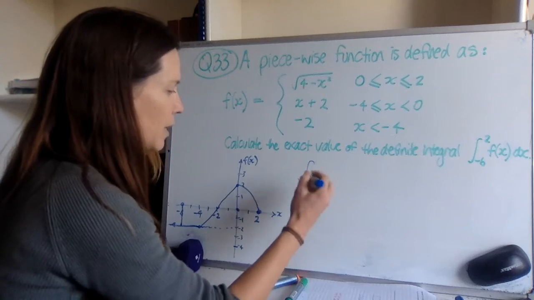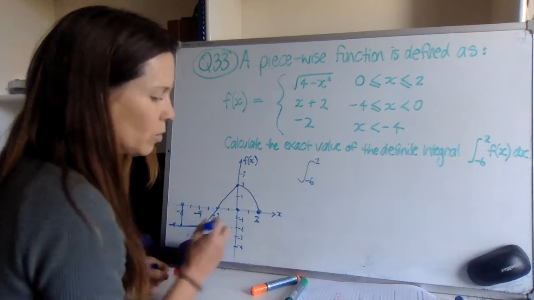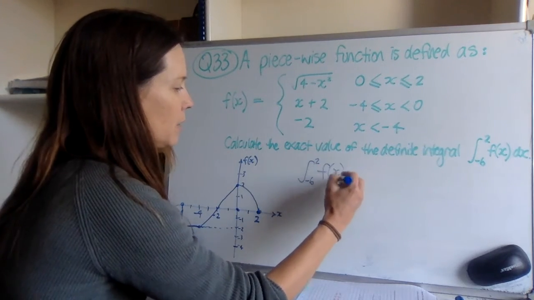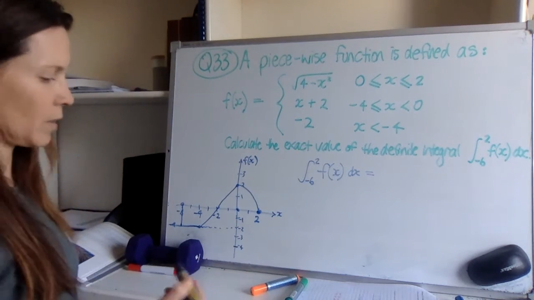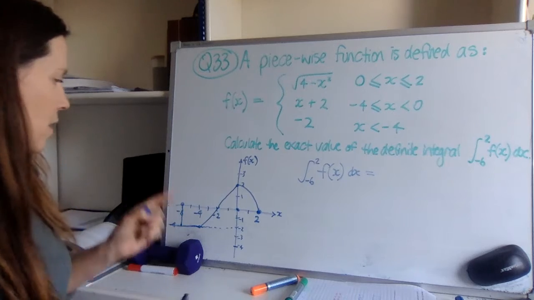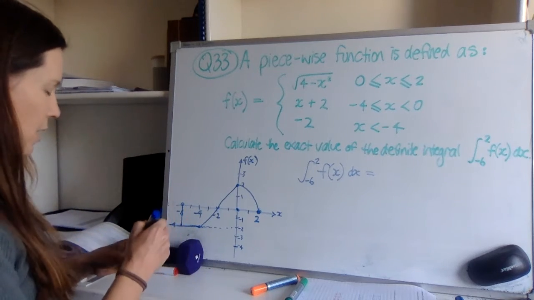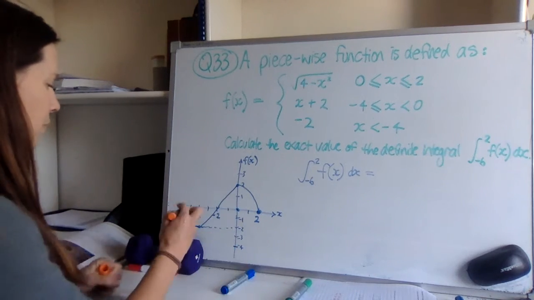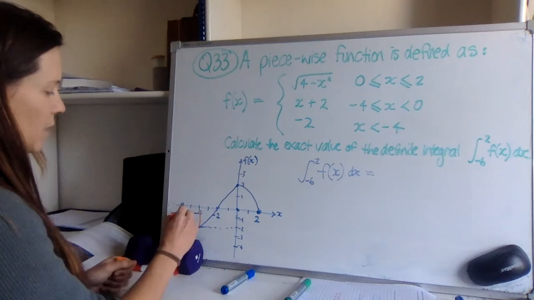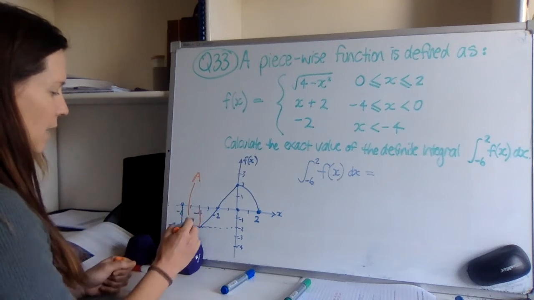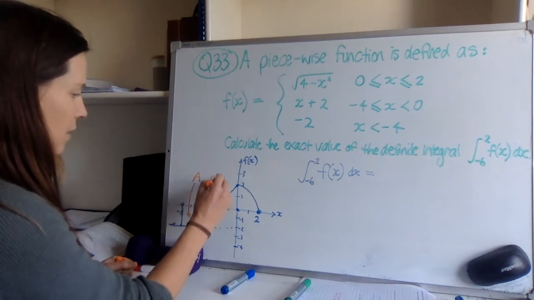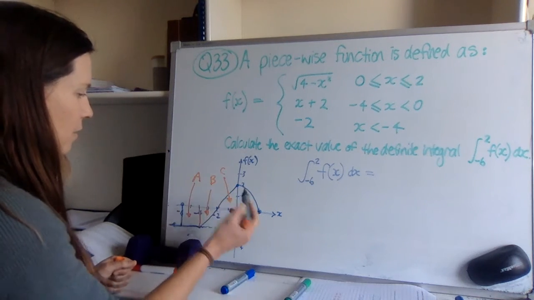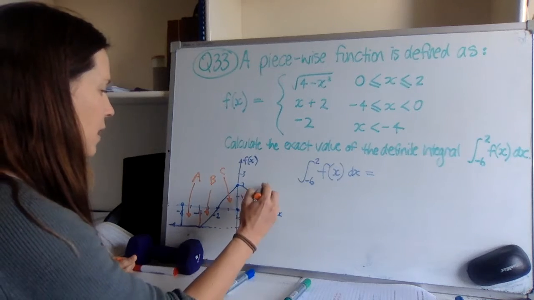So my working will say from -6 up to 2, the definite integral is going to be equal to, now, there's lots of ways you could set this out. You could say, look, let's divide these into sections. A perfectly acceptable way to do it would be to call this part A. This part here could be B. This part here can be C. And this part here could be D.